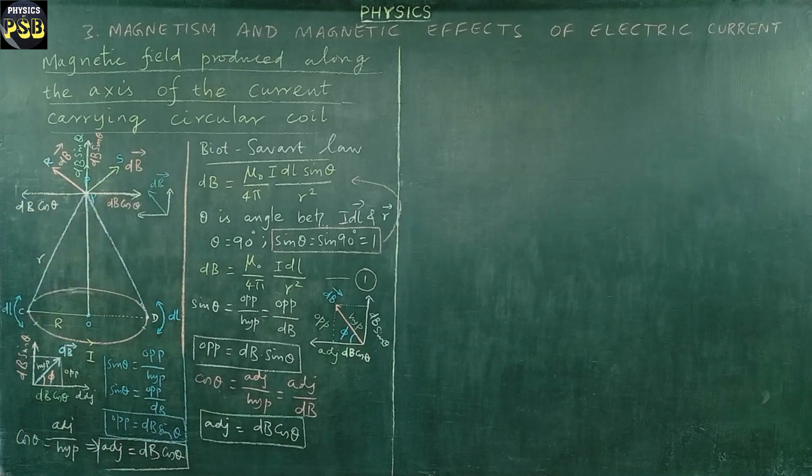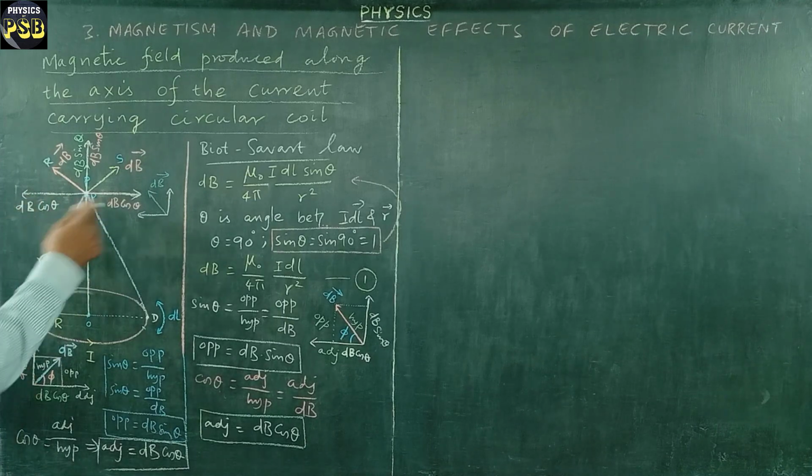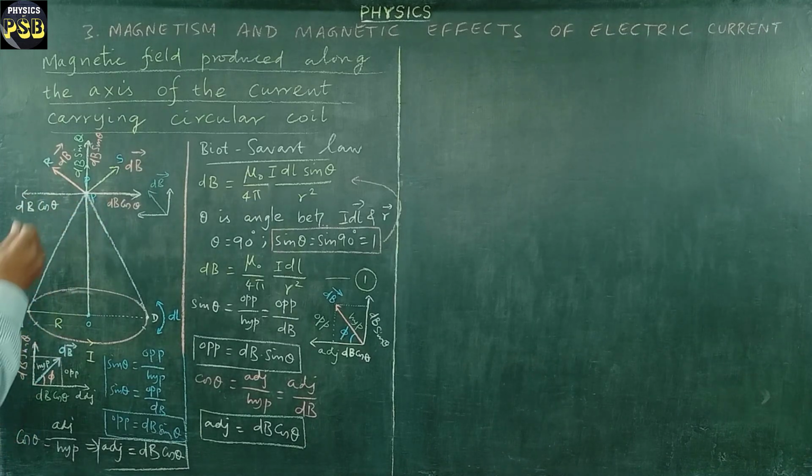Now, if you look at this diagram carefully, you find that dB cos theta and dB cos theta act in the same line but opposite to each other. So they just cancel each other.